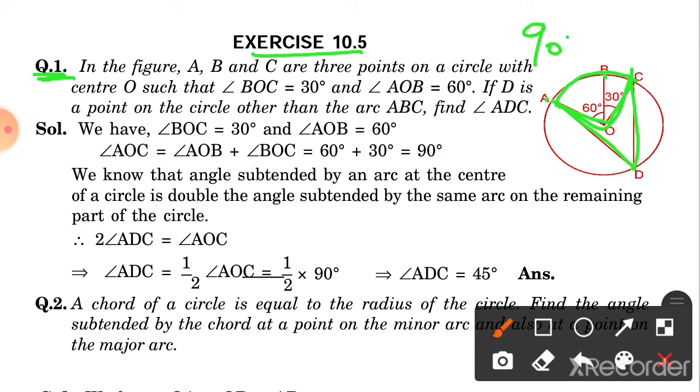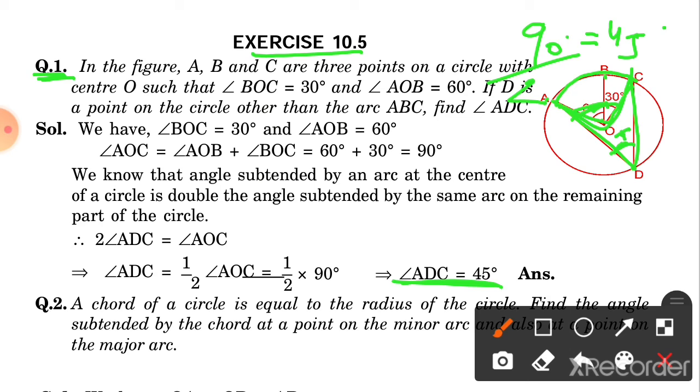So this angle is double this. So we need to find this angle. So what we do is half of this angle, that is 45 degrees. Correct students? Here, 45 degrees is the answer. So this is your verbal calculation.